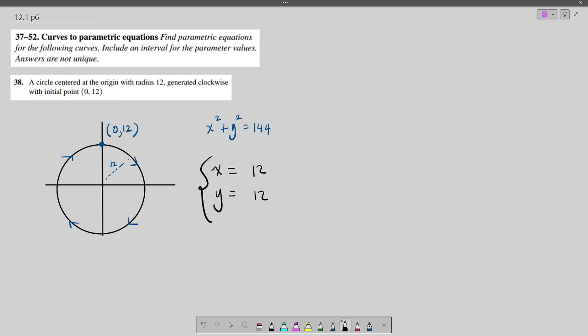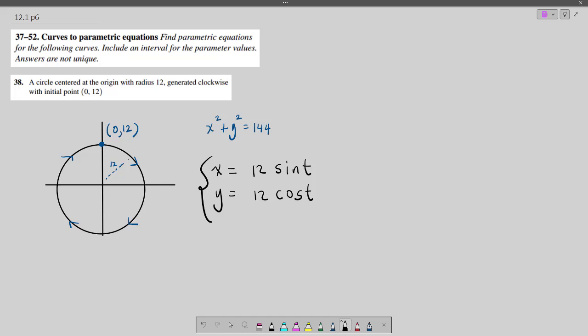We know that if cosine went first, we would start on the east side of the circle and go counterclockwise. So our hunch should be, let's try this, and let's see what happens if we reverse the coordinates. So we reverse the sine and the cosine, because we already looked at an example of that.